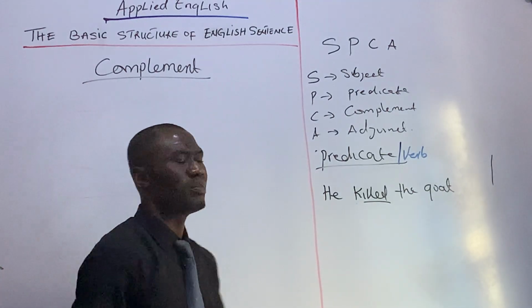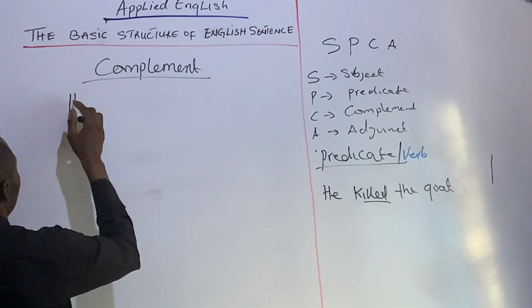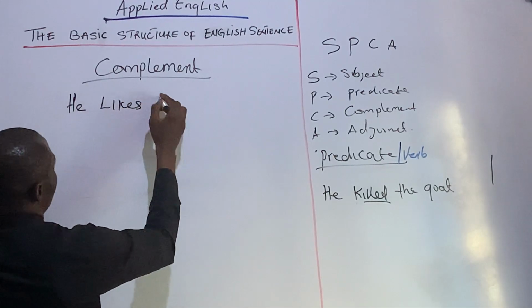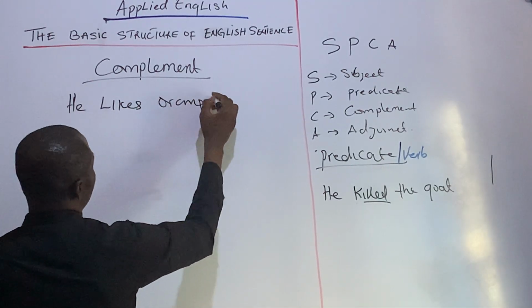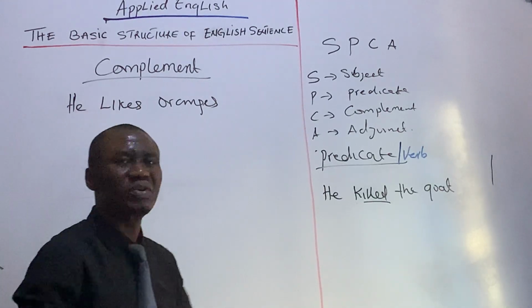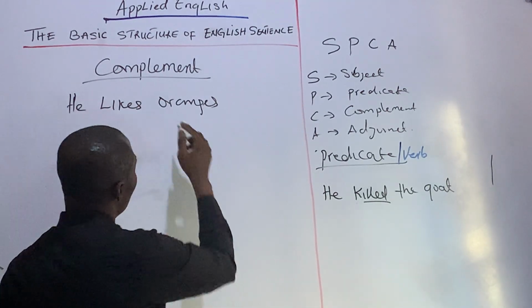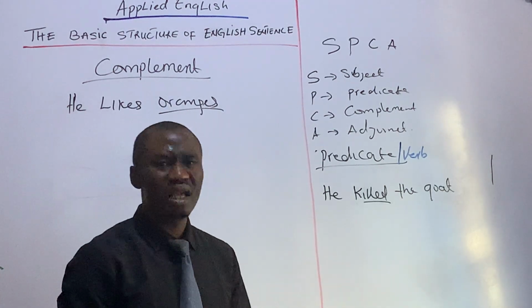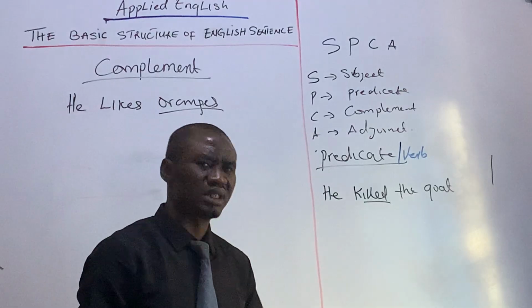Let's have this example. She or he likes oranges. Now, which of these words is the receiver of the action? Oranges. She likes oranges. Oranges is the complement in this sentence.